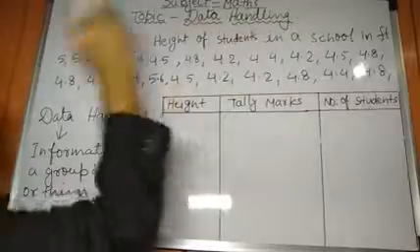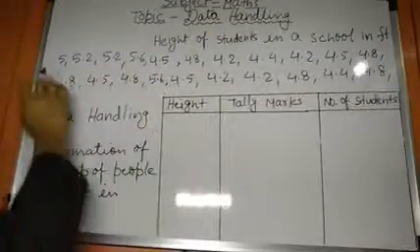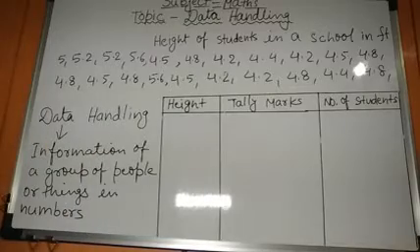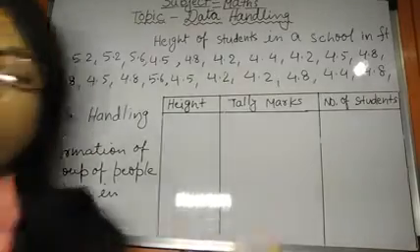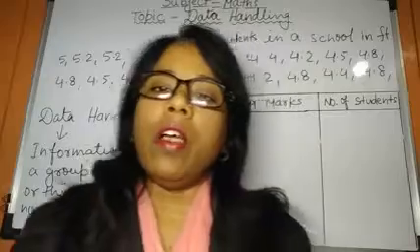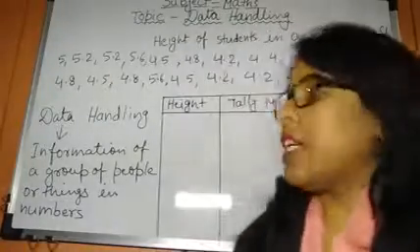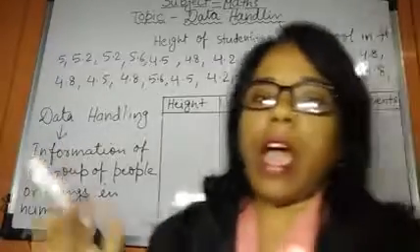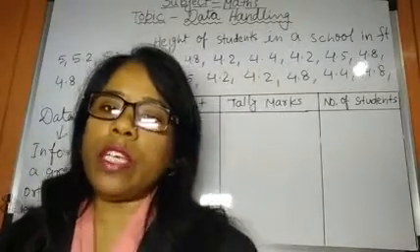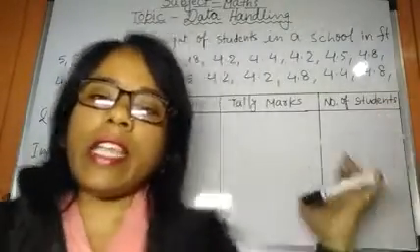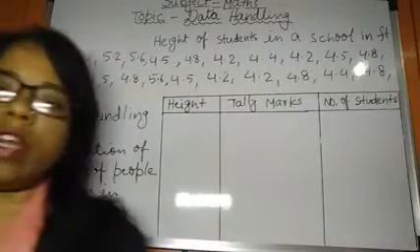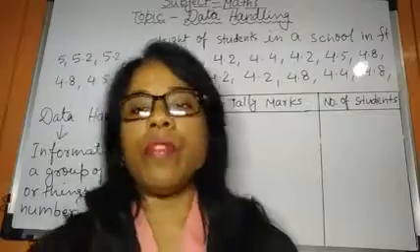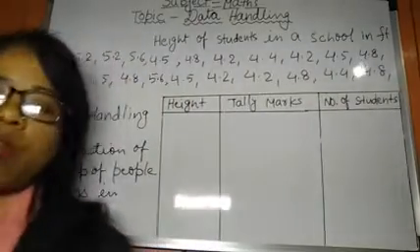Height of students in a school in feet: 5 feet, 5.2 feet, 5.2, 5.6, 4.5, 4.8, 4.2, 4.4. Like that, heights of the students are there. Now, if I ask you whether this data is in ascending order or descending order, it is following no order.